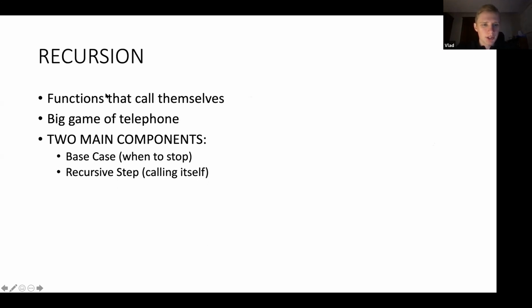Recursion is a function that calls itself. So it's like a big game of telephone. I said this example in the Discord, but say you're in line and you don't know your position and you want to know your position. You ask the person in front of you what position they're in.